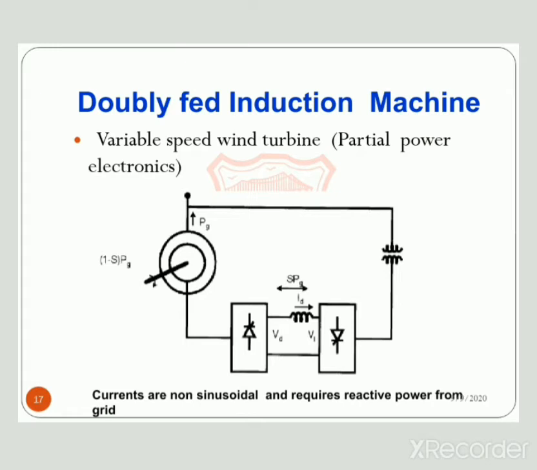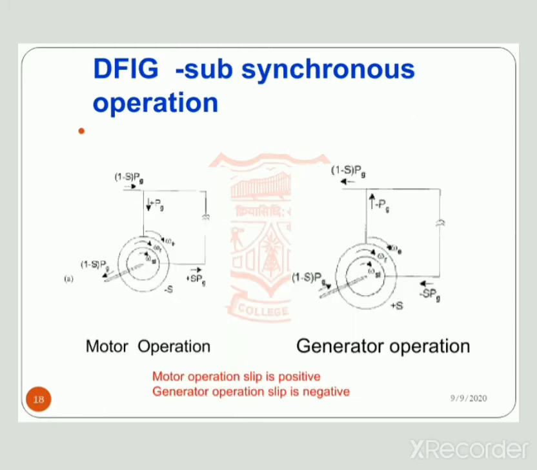The doubly fed induction machine has the soft starter, which is electronic based, and this electronic part has two types of connections. That's why it is called a doubly fed system. In that doubly fed system, currents are non-sinusoidal and require reactive power from the grid. So this is the main feature.